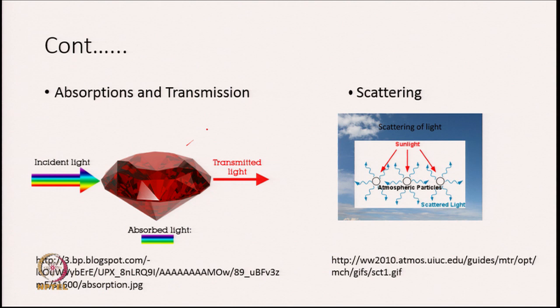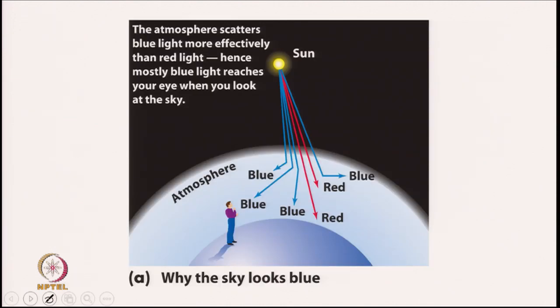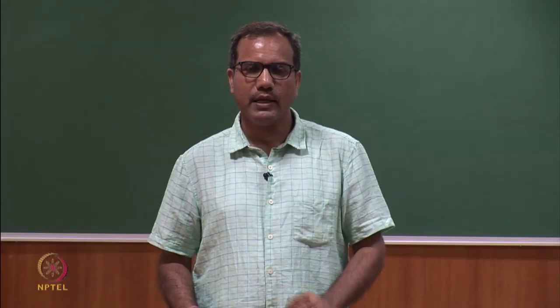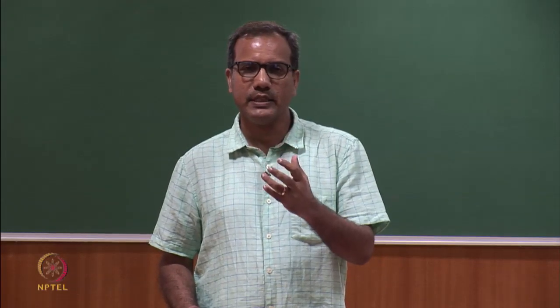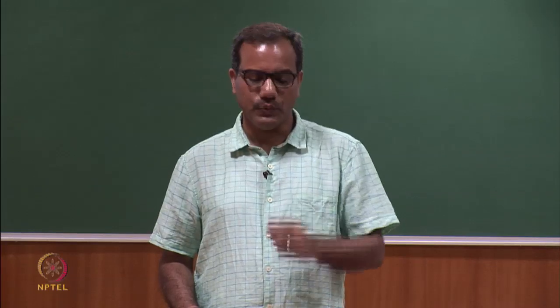For example, the atmosphere scatters blue light more effectively than red light, hence mostly blue light reaches our eyes when we look at the sky. During the daytime, it is the scattered light which reaches our eye, and so we see the sky as blue.